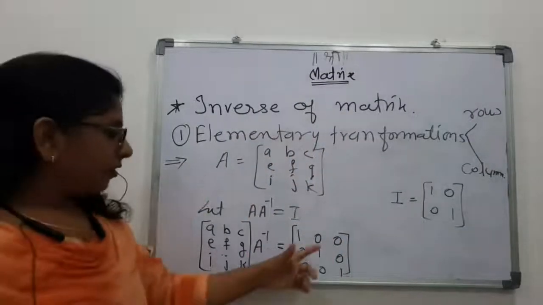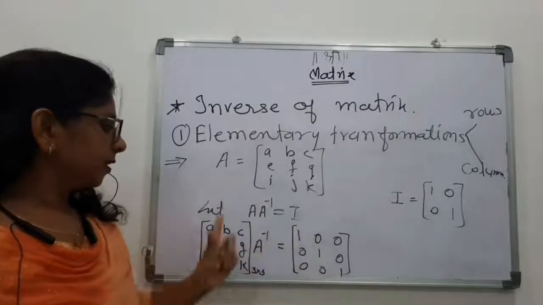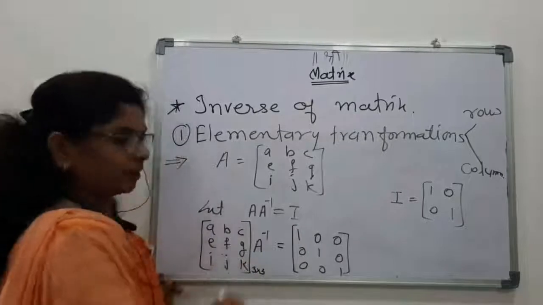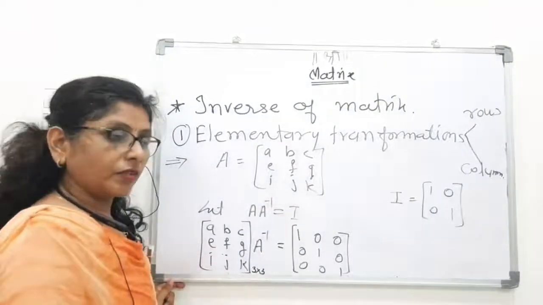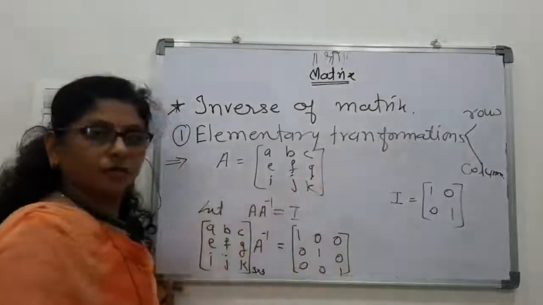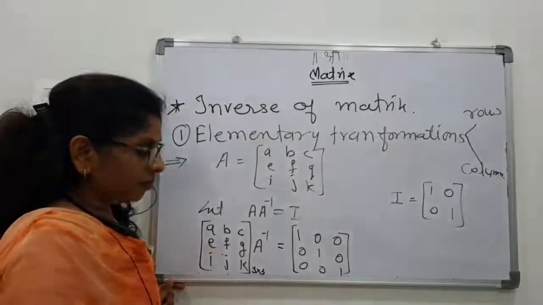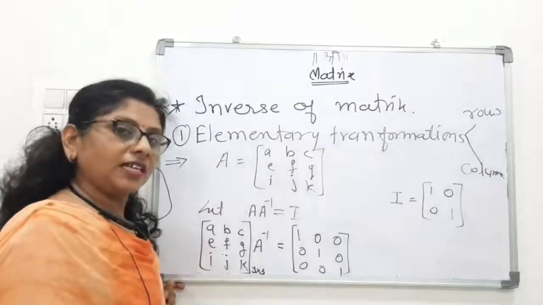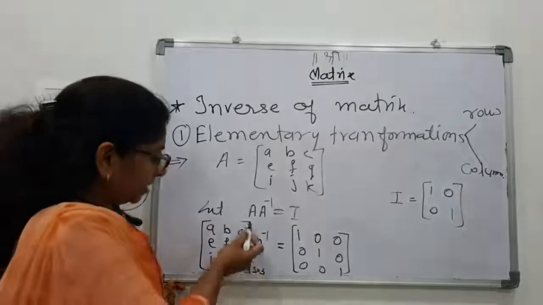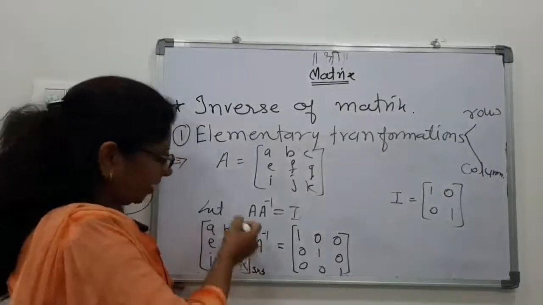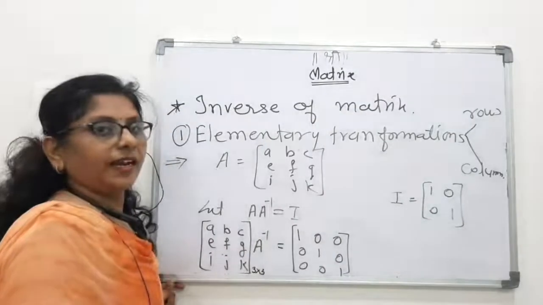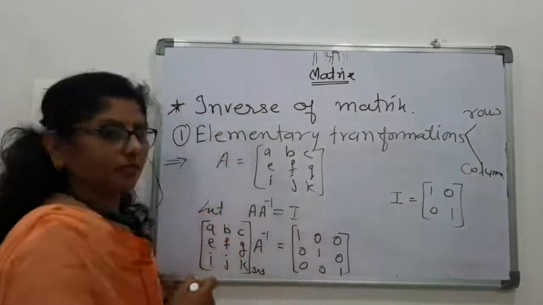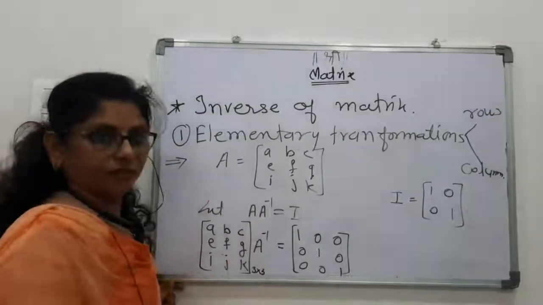Now to find the inverse with the help of this method, we have to convert this A into an identity matrix using row or column transformations, and same transformations we will apply on this identity matrix. So in last step, what will happen? This matrix, our A, will convert into an identity matrix, and automatically whatever the matrix will be there, that is your A inverse.